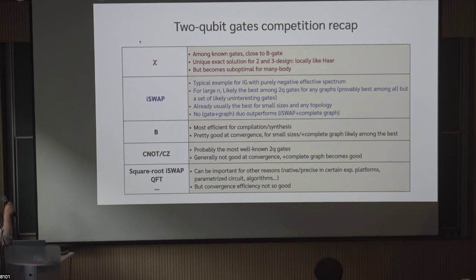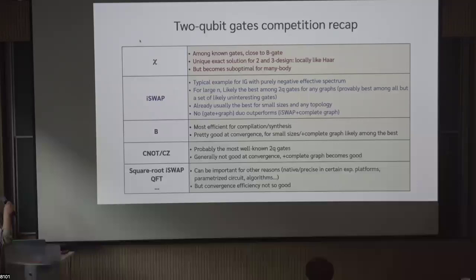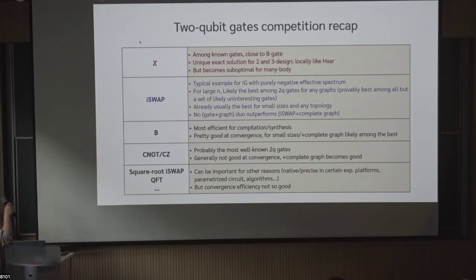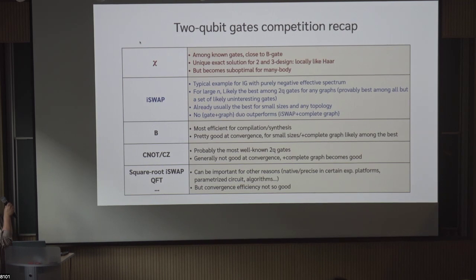If we look at the spectrum, other than ones, they have purely negative eigenvalues, and we have explanations why this helps convergence. And for most many-body cases, we believe that the iSWAP gate will give us the best efficiency.